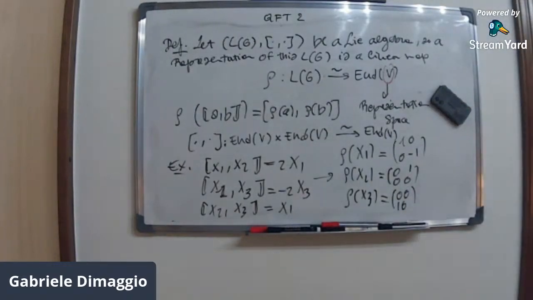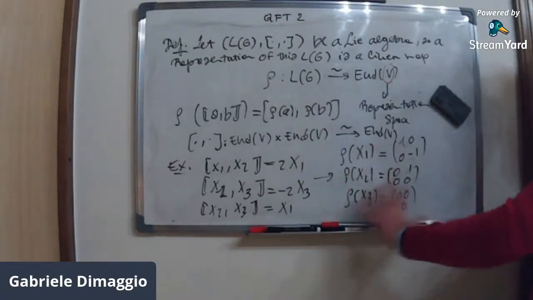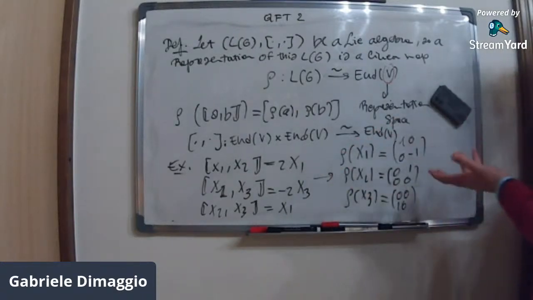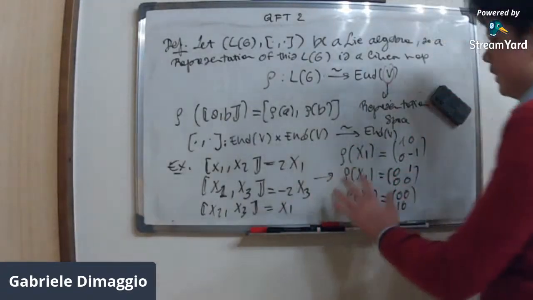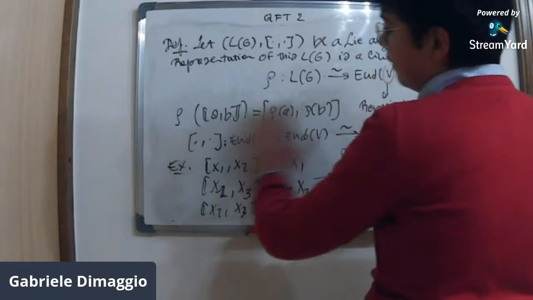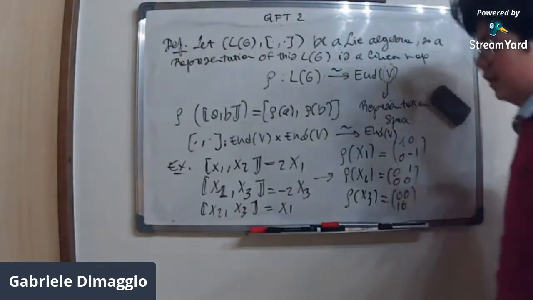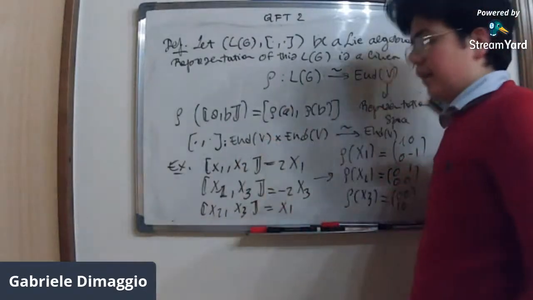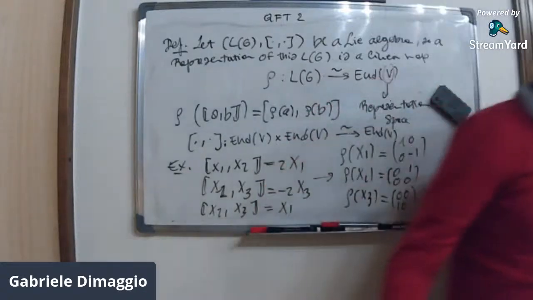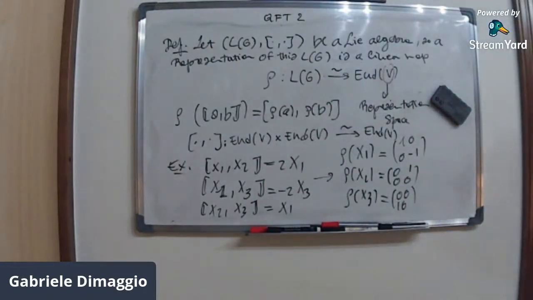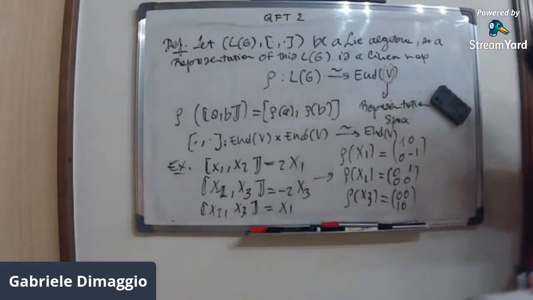Okay, and of course, to show that these three objects are representations, I can show that they satisfy this property: rho of this commutator is equal to this. Okay, and if you try showing this, you obtain the result that these functions are representations of my Lie algebra, SL2C in this case.